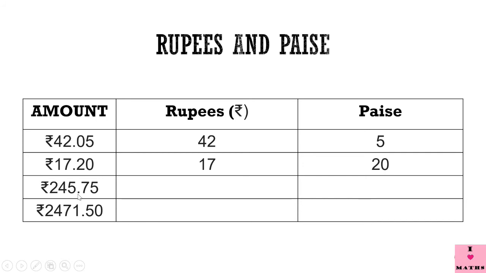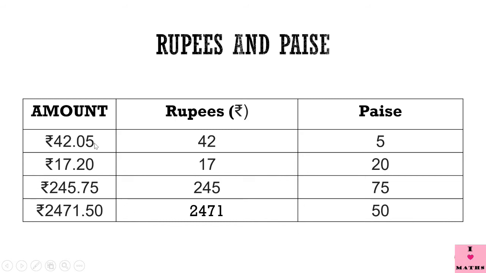Rupees 245.75. This means 245 are rupees and 75 is the paisa. This means 2,471 are the rupees and 50 is the paisa.